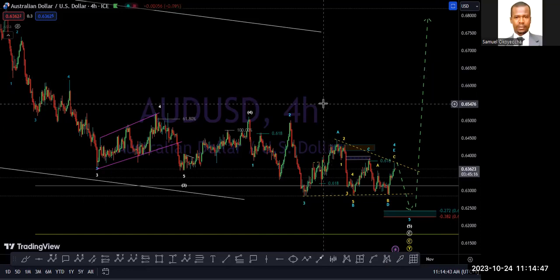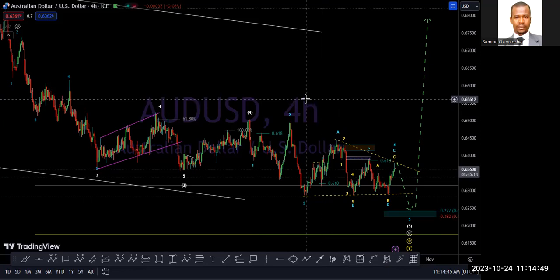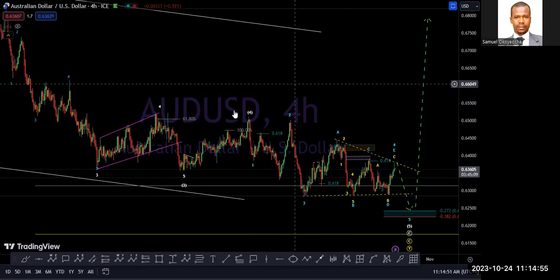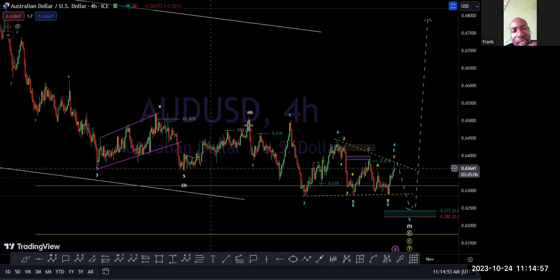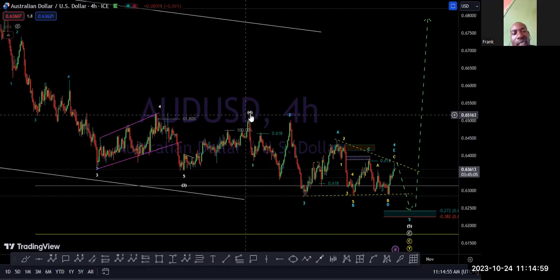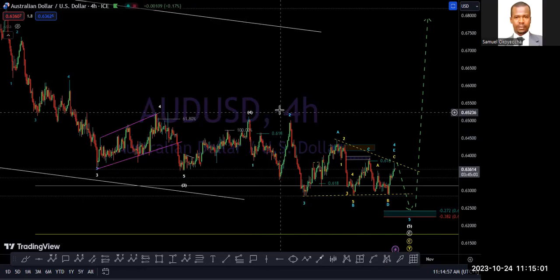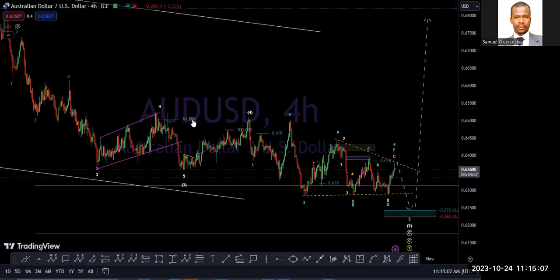Okay. So let me continue with my own count. Time will tell. I may be wrong, but let me continue. So this is my wave 4 of this intermediate wave. Then this is my wave 1.